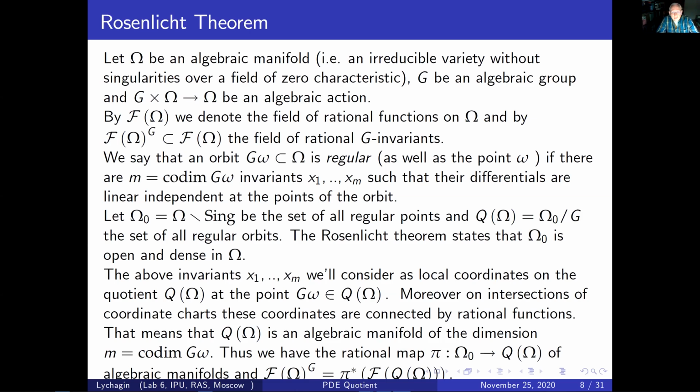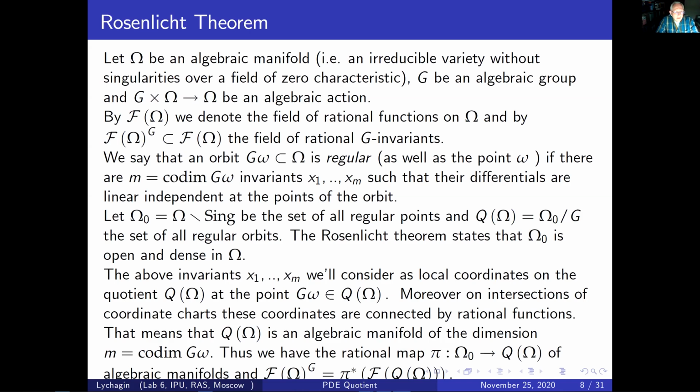Okay, so this capital omega is an algebraic manifold, and G is an algebraic group. It also means that it's an algebraic manifold together with an operation that, in coordinates, should be written with some rational functions. And there is some action of this group on our manifold. Once more, an algebraic action means that the formulas for these transformations will be given by rational functions.